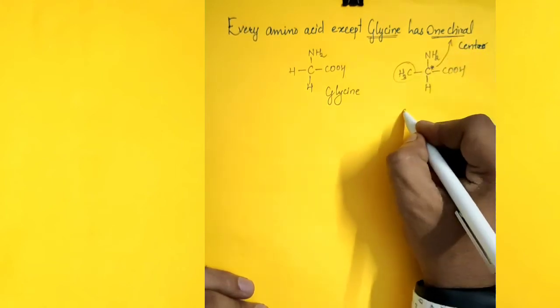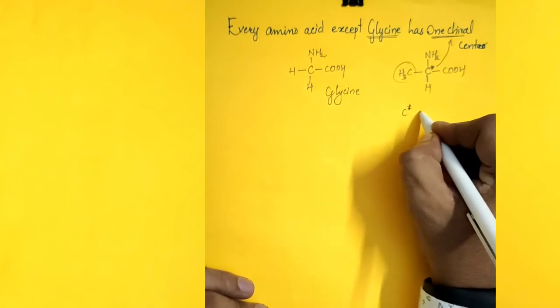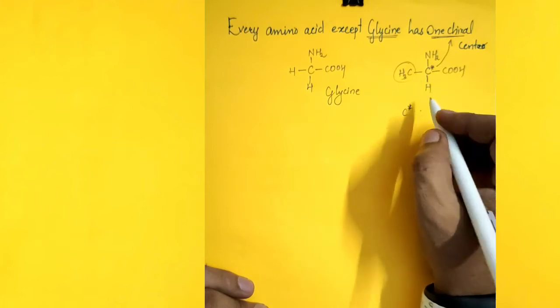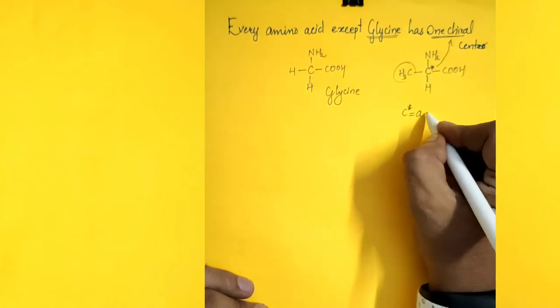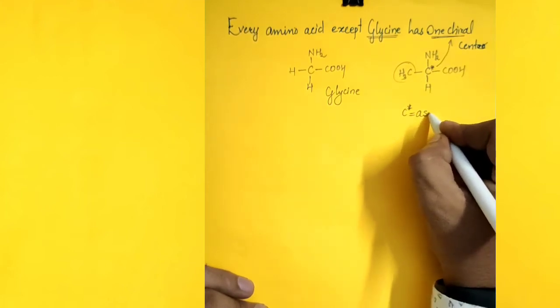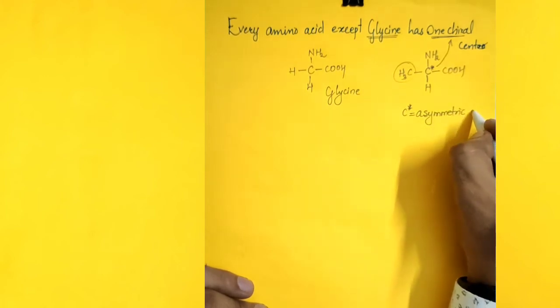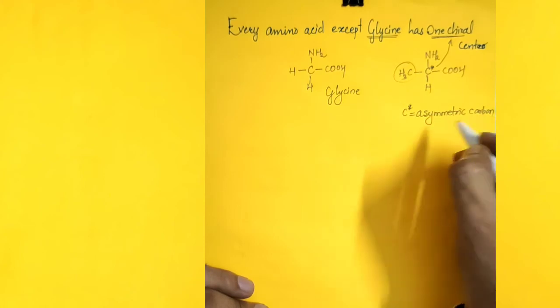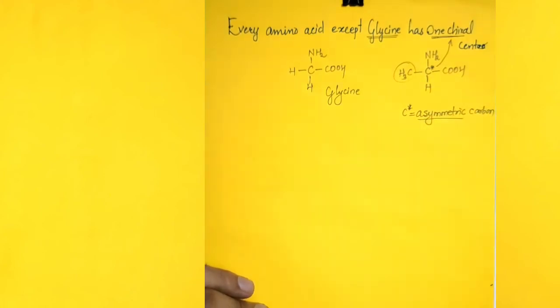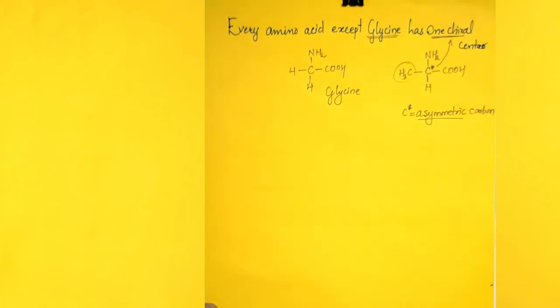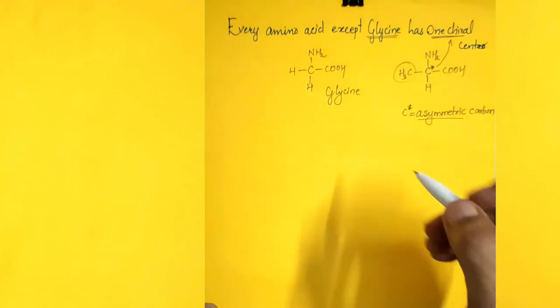A chiral carbon is also said to be an asymmetric carbon atom. So a compound which contains an asymmetric carbon atom can show optical isomers.